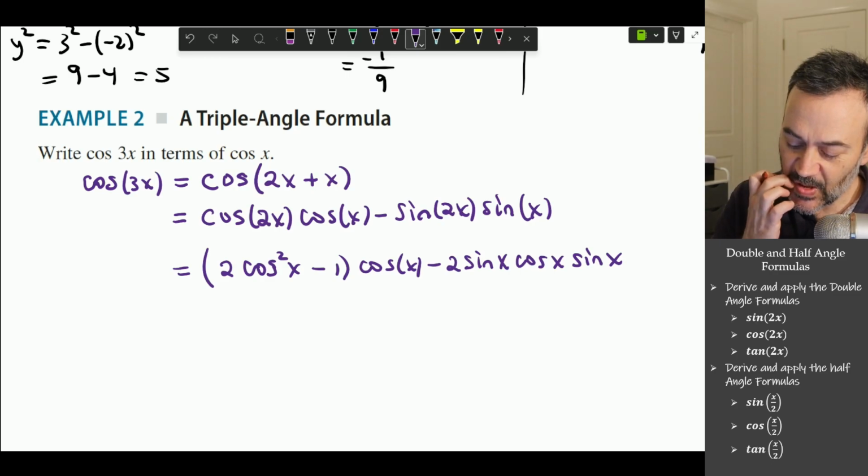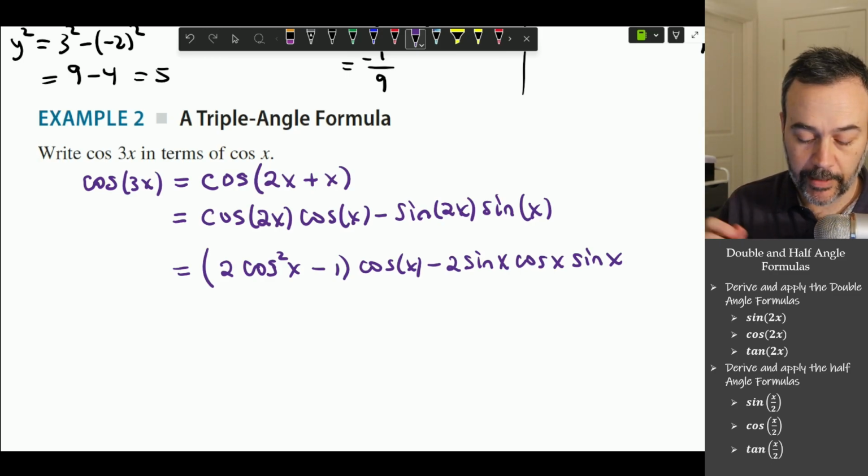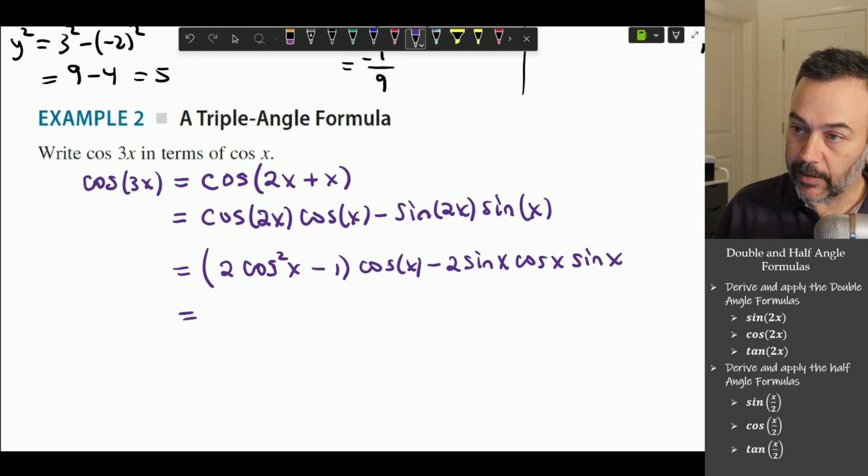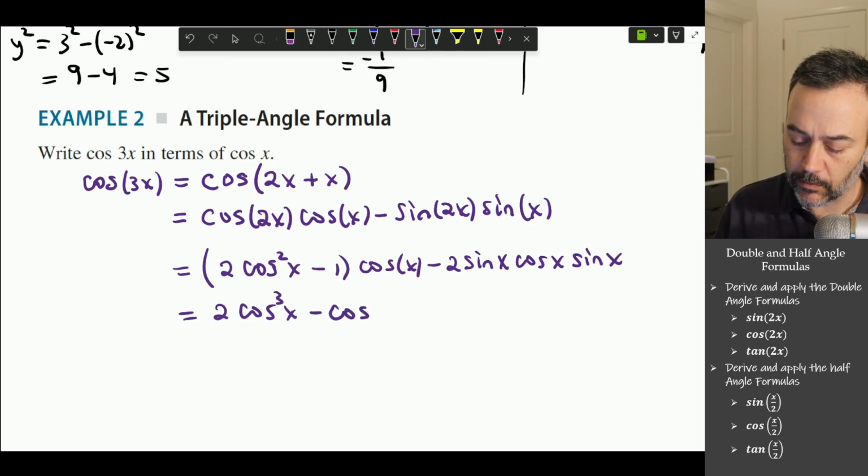Now we're going to get a sine squared, and we can substitute that out with the Pythagorean identity. If I distribute the cosine, I get 2 cosine cubed x minus cosine x minus 2 cosine x sine squared x.